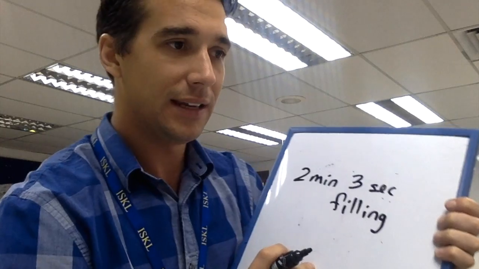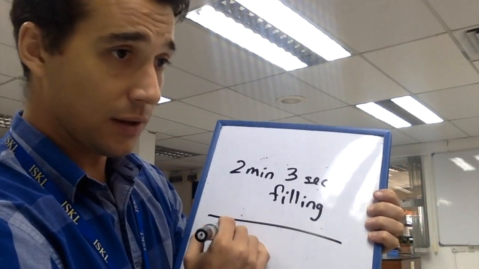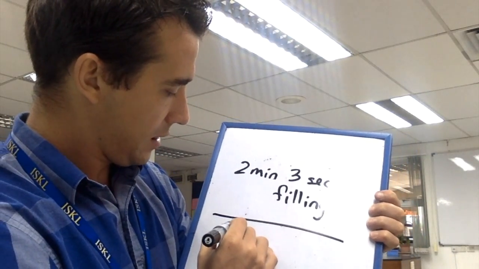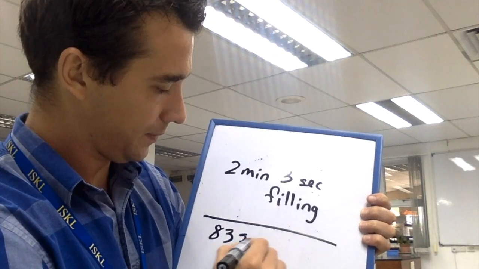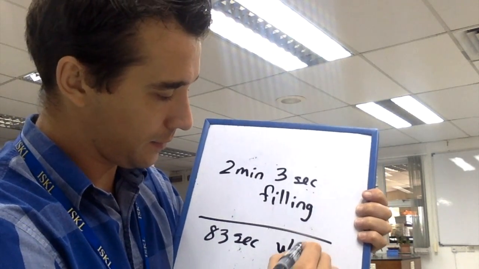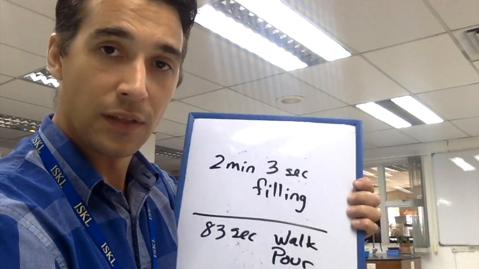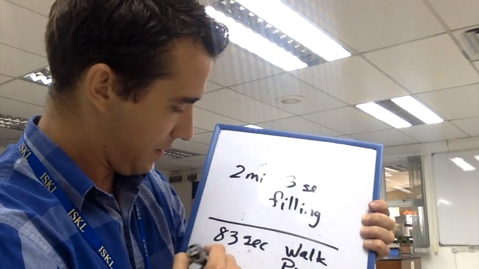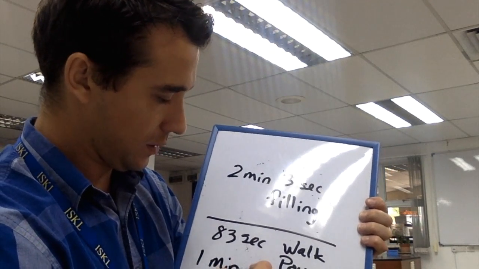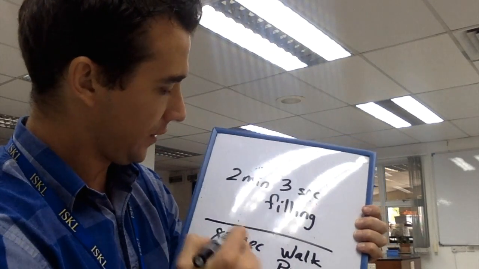We then calculated that it was going to take 75 plus 8, 83 seconds to walk and pour the water. So we have 1 minute, 23 seconds, plus our filling time.